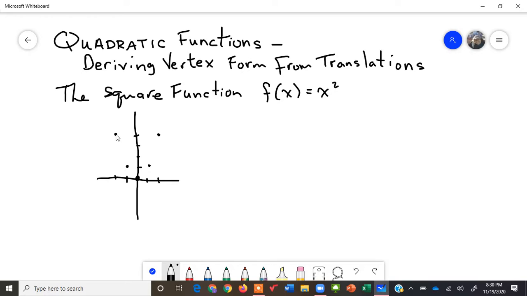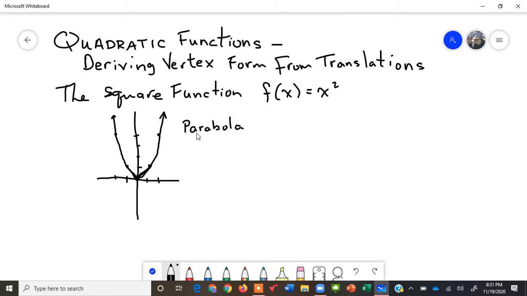We can have 3 or negative 3 squared give us 9, 4 and negative 4 squared give us 16, and what we get is what we call a parabola, which is curved on the bottom here. So this is our parabola.